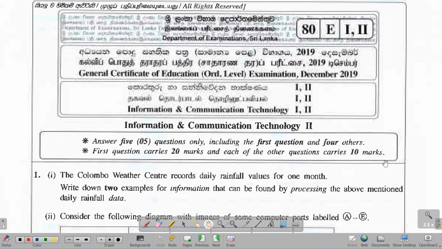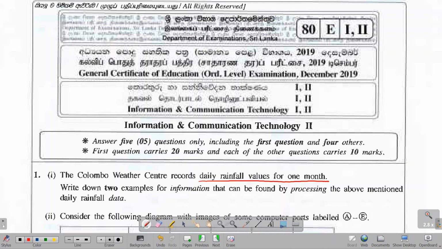First question says the Colombo weather records daily rainfall values for 1 month. Write down 2 examples for information that can be found by processing the above mentioned daily rainfall data. So since they are considering the daily rainfall data for 1 month, that means for 30 days they are recording what they are having, right?